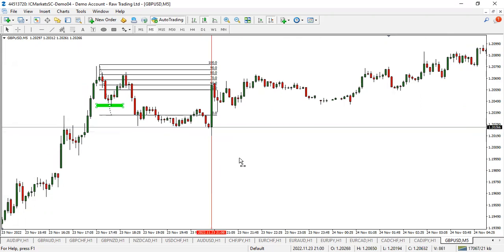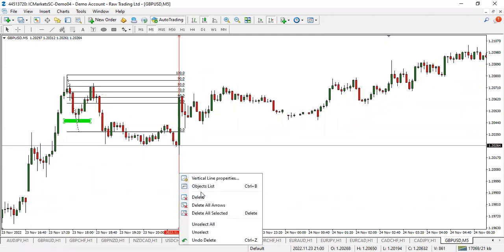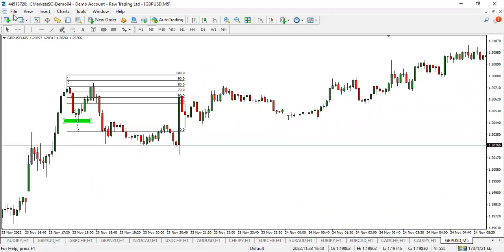Before it went up, it first went down to clear all these liquidities here. And then when it went up, if you didn't delete your sell limit pending order here, it activated it and went to hit your stop loss.